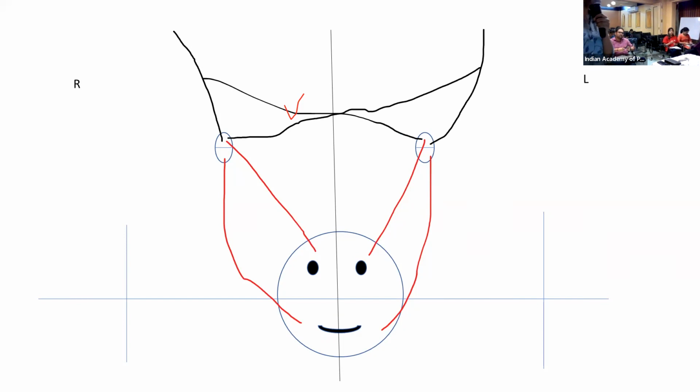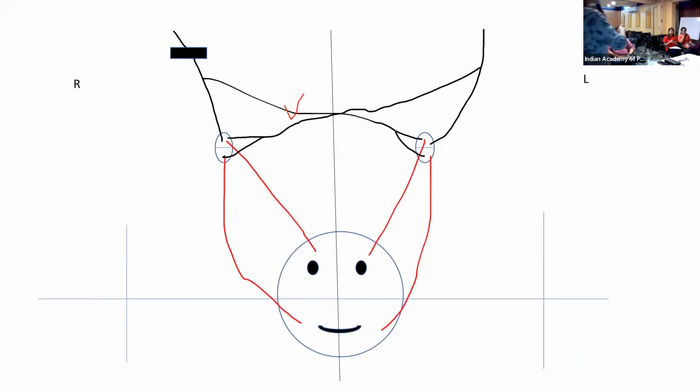Okay. This concept is clear. See the lower part, lower half of the right side. It is receiving from the opposite side. Opposite side. Opposite side. Okay. See what is happening to the lower half of the left nucleus. It is receiving fibers from the right side. This is clear. Now just imagine if there is a lesion above the level of the right facial nerve nucleus.